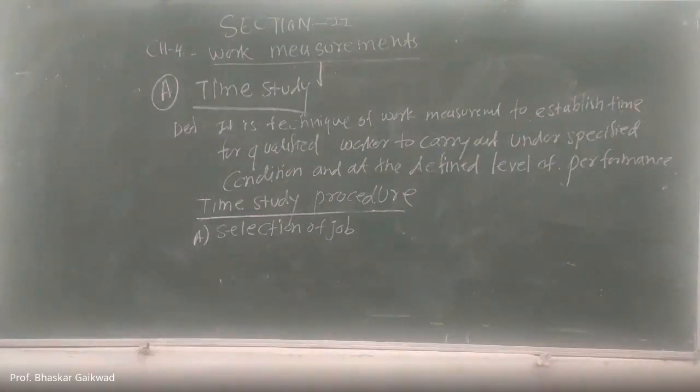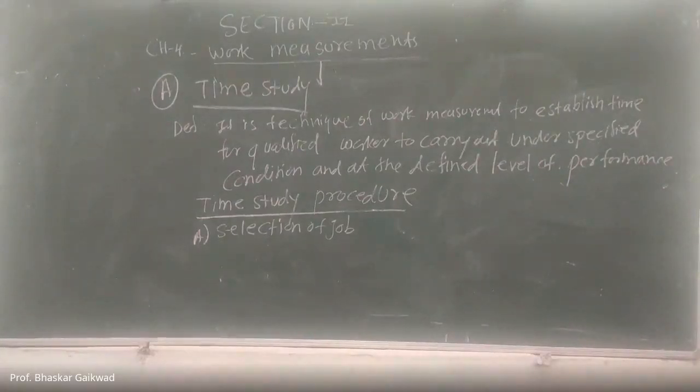Then next, jobs that require too much manual work. Selection of the job: first, non-repetitive jobs, which are not manufactured by a set technique and too much time is taken by manual work. So one operation among the given operations stops production.